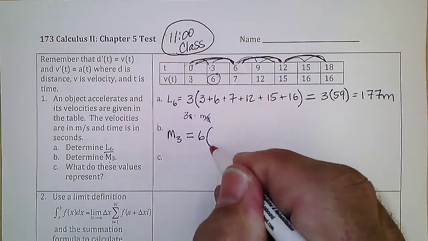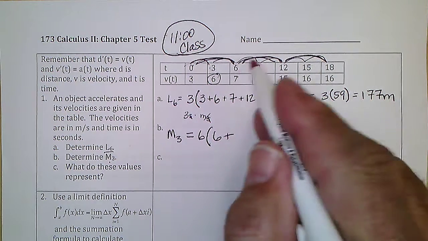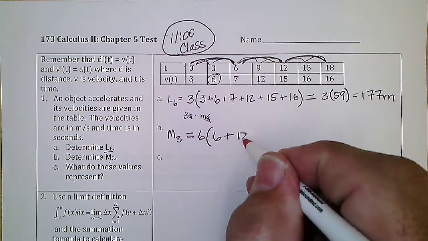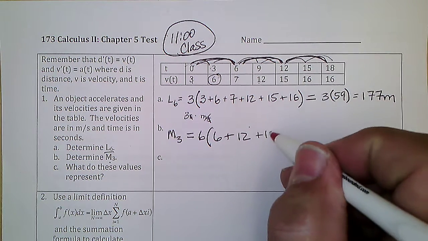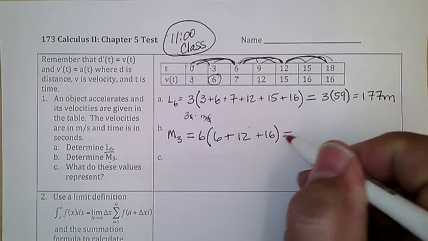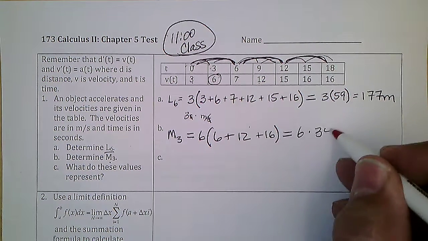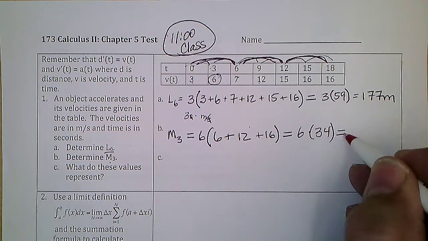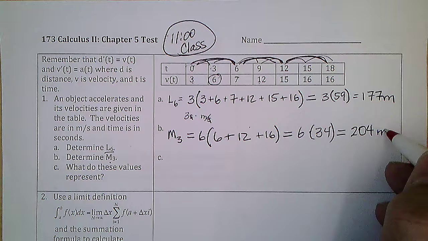The height in the middle of this one is 6, plus the middle of the next one is 12, plus the middle of the last one is 16. So that is 6 times 34, which is 204, and this again is meters.